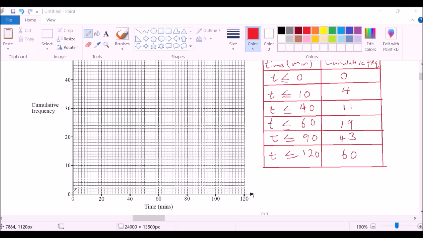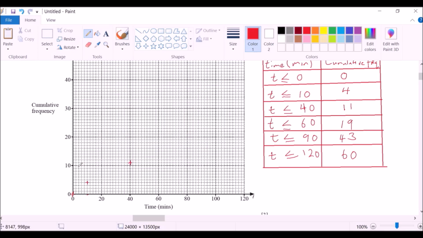Now we plot the points. Time 0, cumulative frequency is 0. So it's this point, 0, 0. When time is 10, you see here, the cumulative frequency is 4. 1, 2, 3, 4. So our point is there. When time is 40, cumulative frequency is 11.